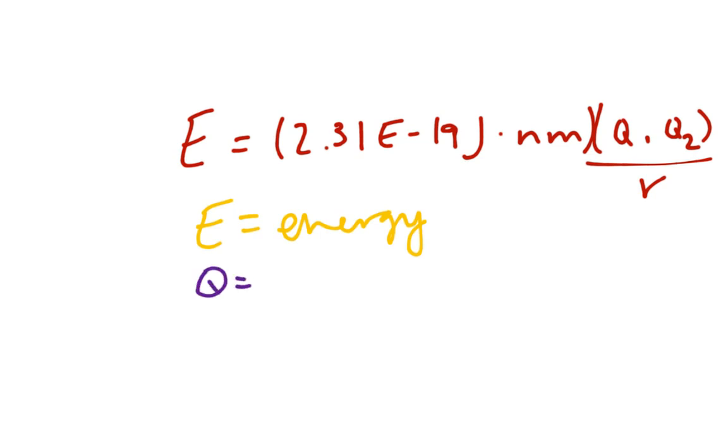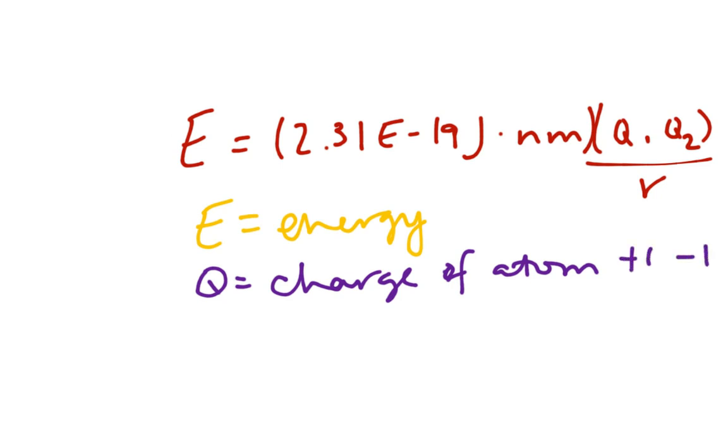Q is the charge of the nucleus, or of the atom. So in the previous one, you would have a +1 and a -1 for Q1 and Q2. And R is the radii of the two ions.